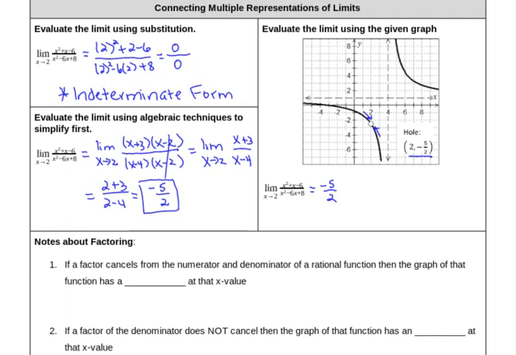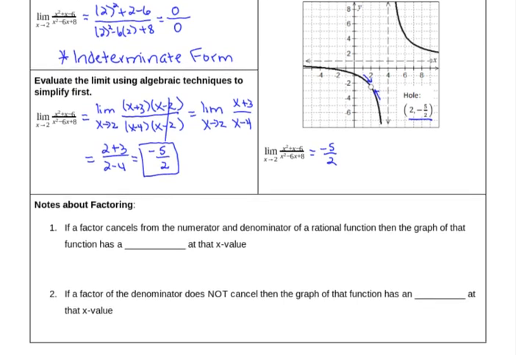So a couple of notes about factoring are actually going to help us get a more accurate representation of the graph, even if we didn't have the graph. The first thing we want to talk about is that if a factor cancels from the numerator and denominator of a rational function, then the graph of that function has a hole at that x value. I'm going to grab a color here. Let's go ahead and do pink.